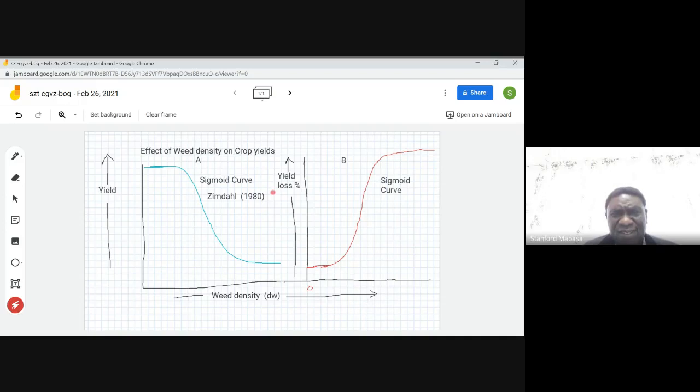Now, what Zimdahl suggested was that there's a certain density which is not harmful to crops. And he was proposing that it is this part here. All the weeds in this direction from 0 up to here, we are not having losses.